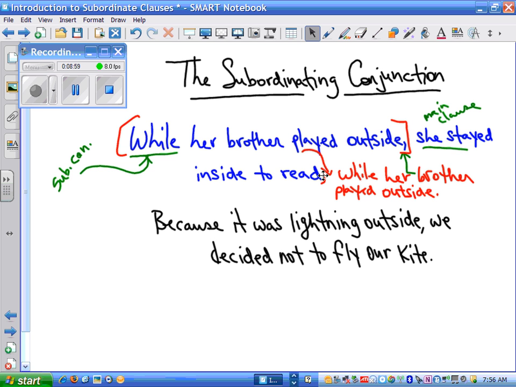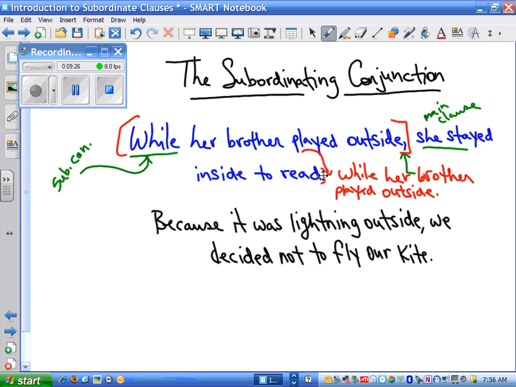Let's take a look at our second sentence. You're going to see similar kinds of choices that can be made, and those choices exist because we're starting our sentence with a subordinating conjunction. Because it was lightning outside, we decided not to fly our kite. A wise choice, I must say.